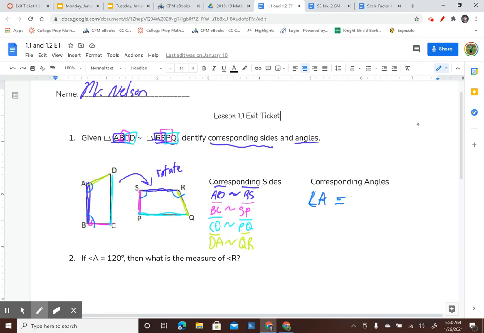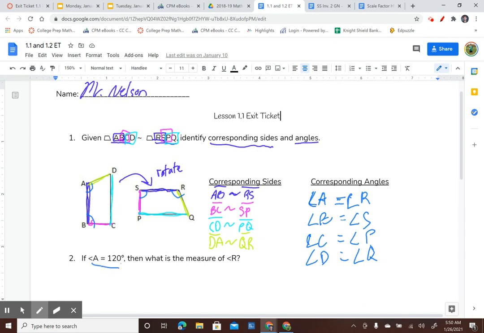And then we have R. I might as well just write all these out. All right, so we have our corresponding sides and our corresponding angles.